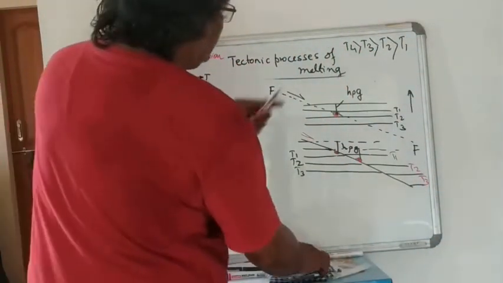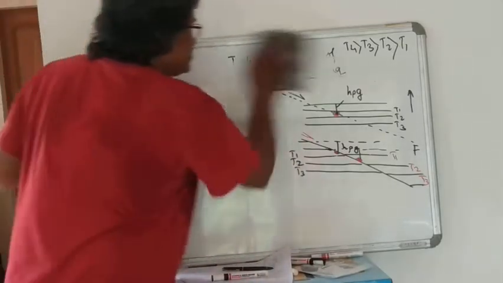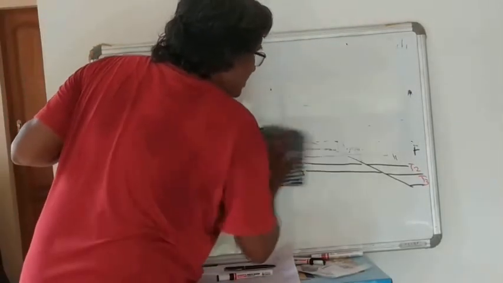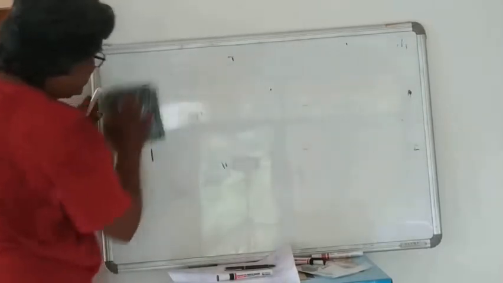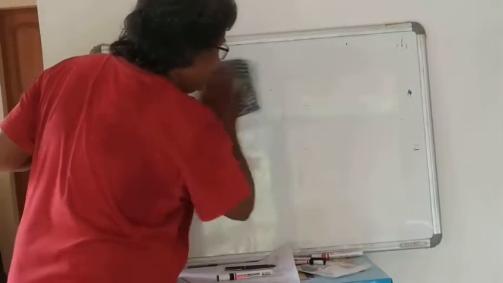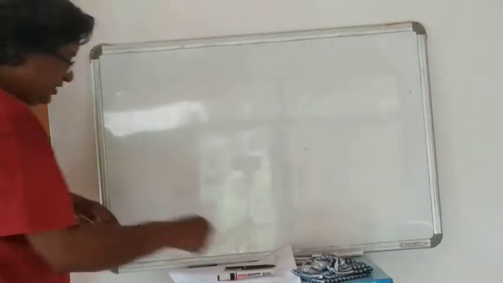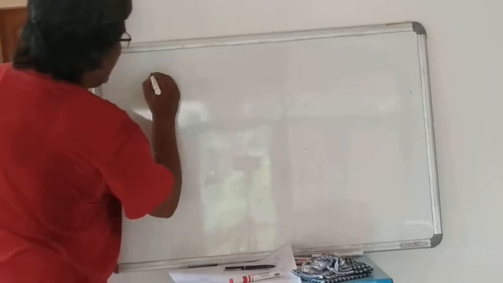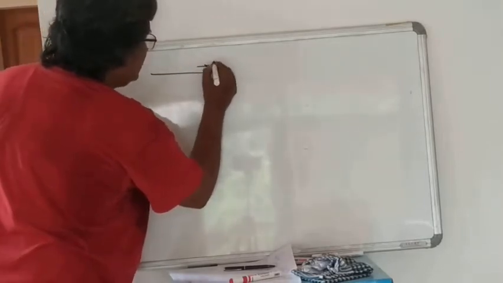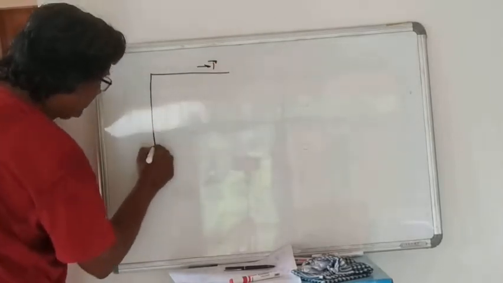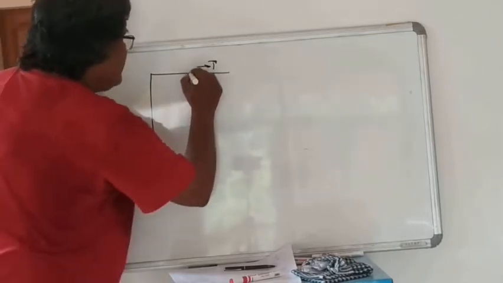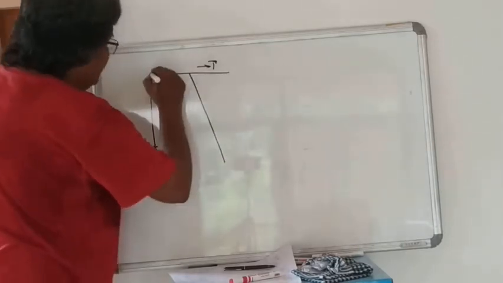Now, having said this, let us draw some geometric ways to deal with these tectonic processes. I will not go into the greater details. It's not necessary at this stage. So we have temperature, we have pressure, and this is the melting curve, and we have a geotherm.